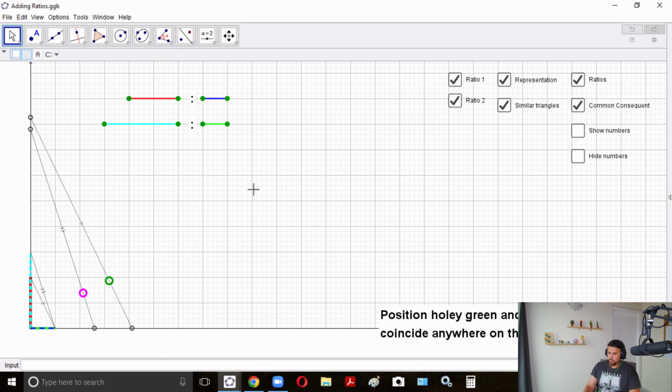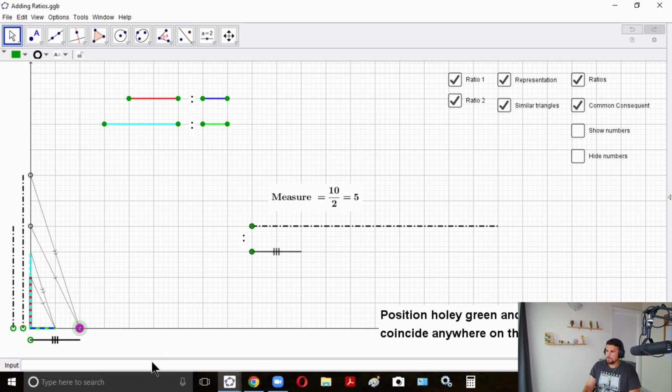That's what we're doing with a consequent. The geometric underpinning of finding the consequent is when we pull that green and that magenta point so as to coincide.